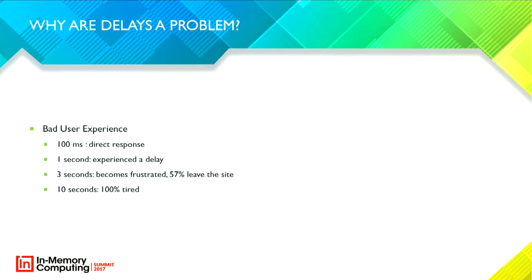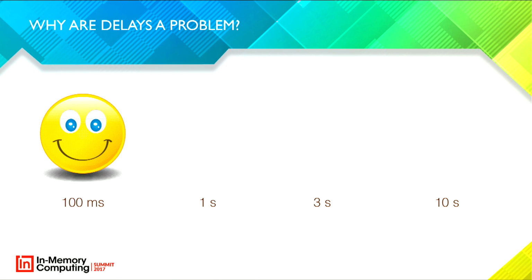But 3 seconds is very frustrating. In one particular investigation, 57% left the site. And if you get a 10 second delay, then you start thinking about other things. You start thinking about your kids or school or whatever. You're not there any longer.